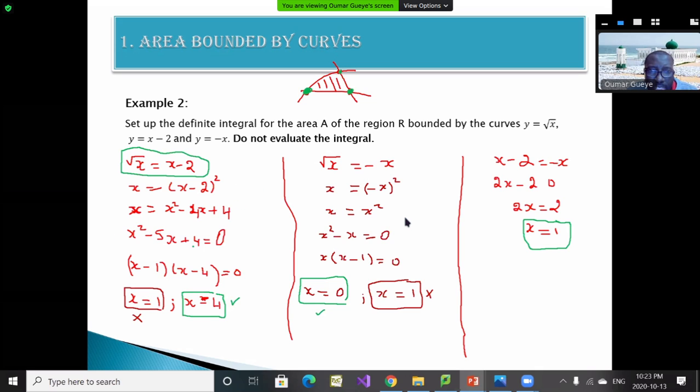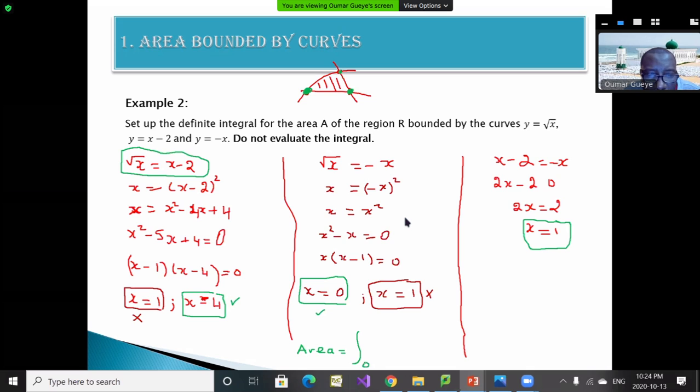And the integral, in this case, I'm going to write it here. So the area in this case is going to be an integral, and as I told you, you start from the smallest value. So you have 3 values in green color here: 4, 0, and 1. You start with the smallest one, which as you can see is 0.